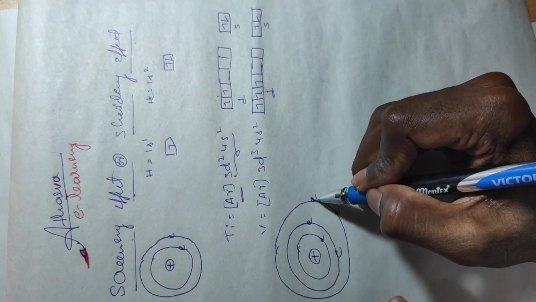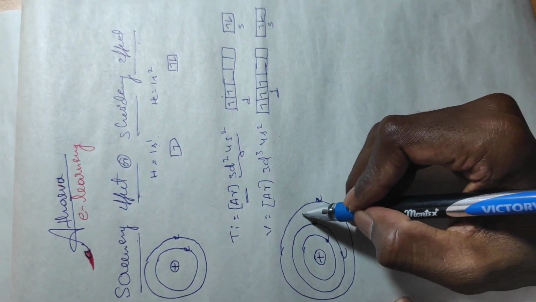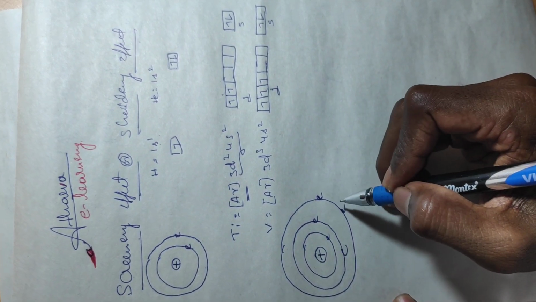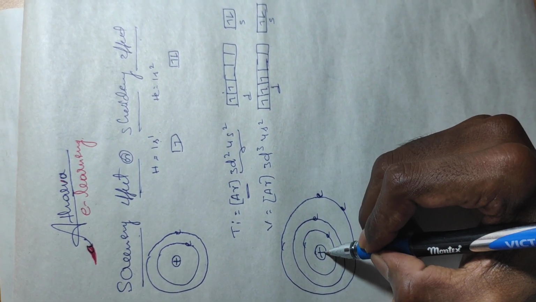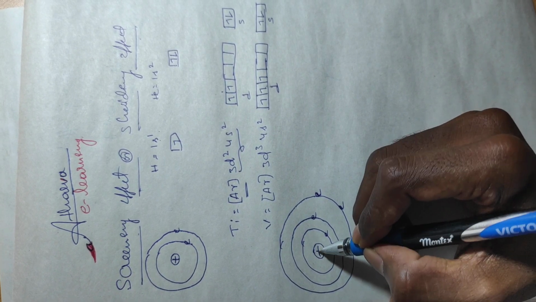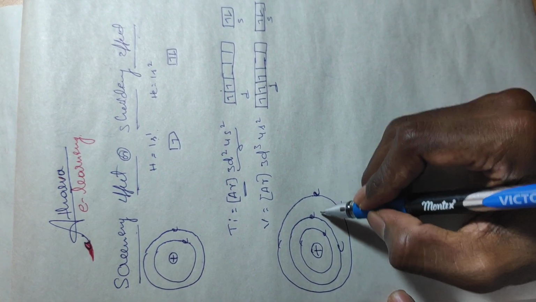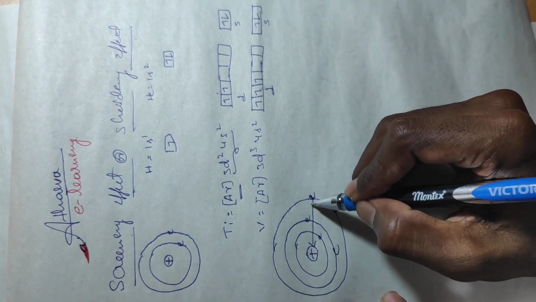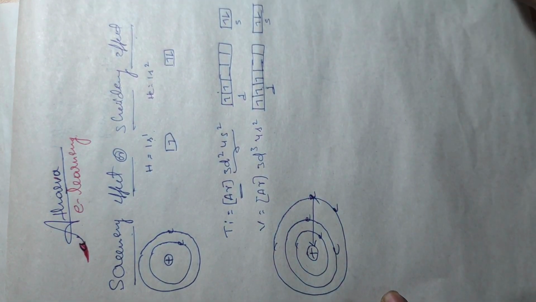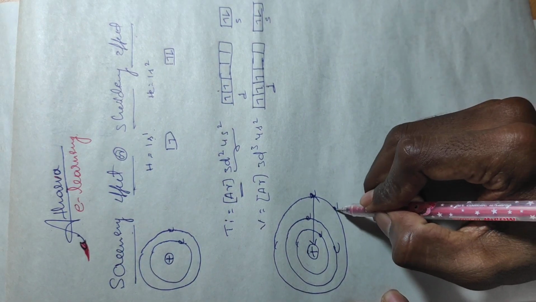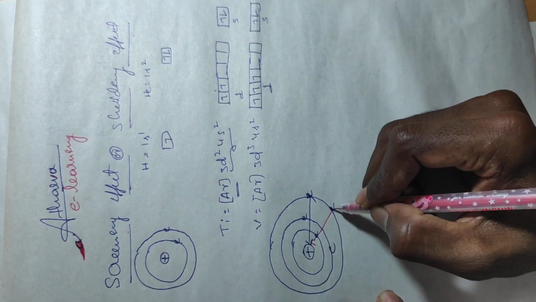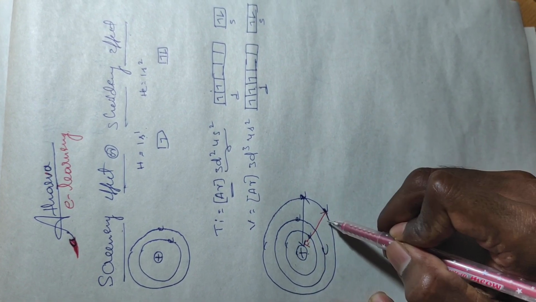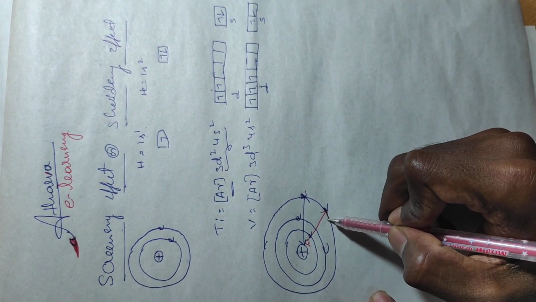We know that these electrons revolve around the nucleus in an orbital, due to the force of attraction exerted by the nucleus. So this electron is attracted by the nucleus, and this electron is also attracted by the nucleus. There is a force of attraction between the nucleus and the electron.